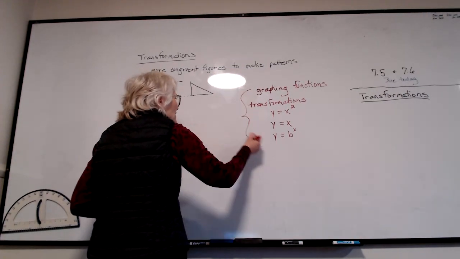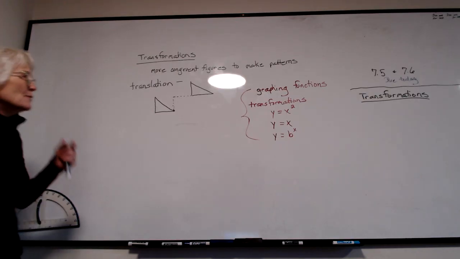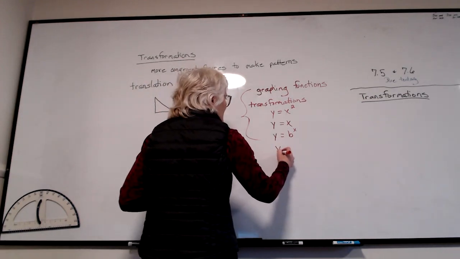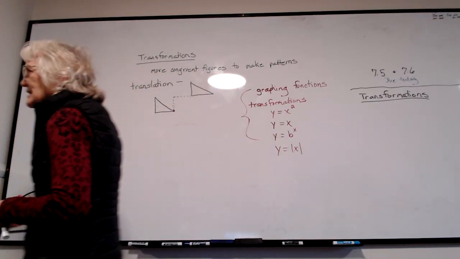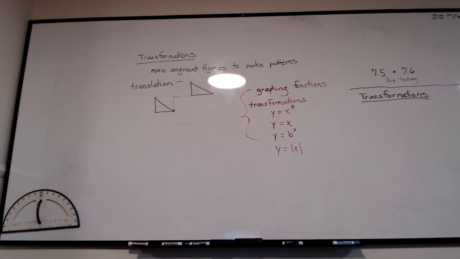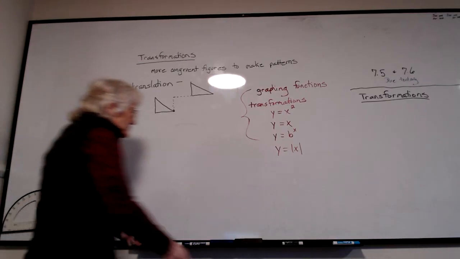This is part of the advanced algebra part, is we're going to tie it into these graphs. One of the ones that's really easy to see is the y equals absolute value of x function. You can see how the translation works with that one. So we'll be working with those functions just to see how they were transformed, and you get these new functions.